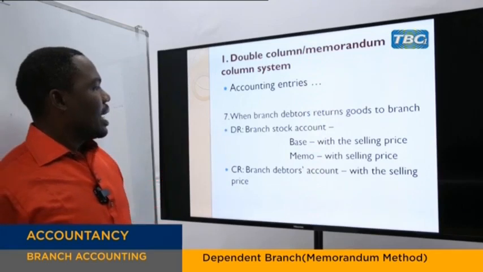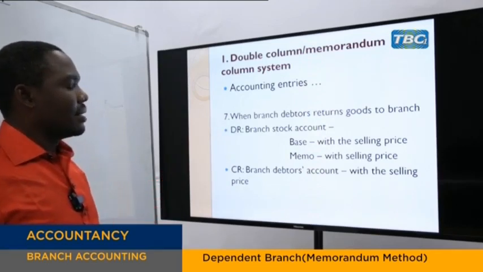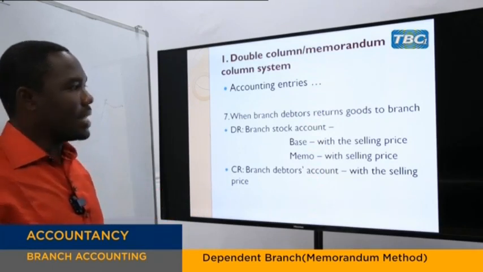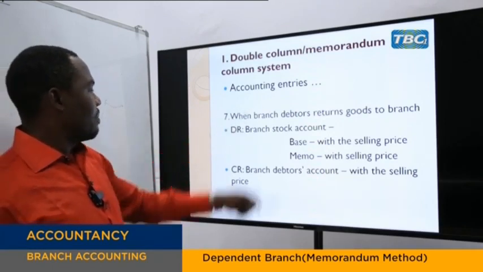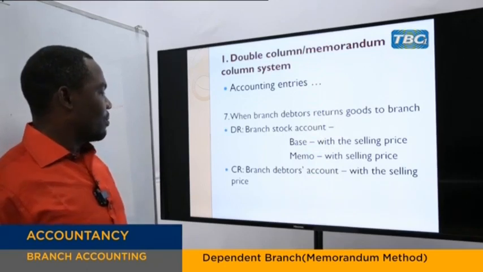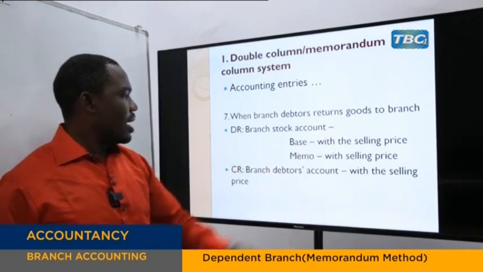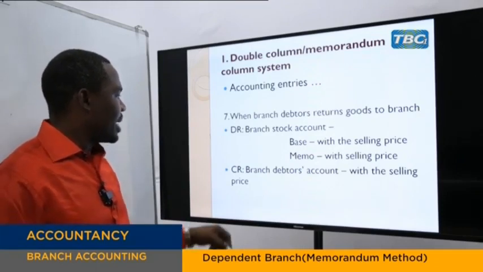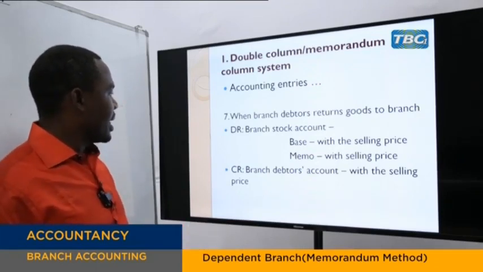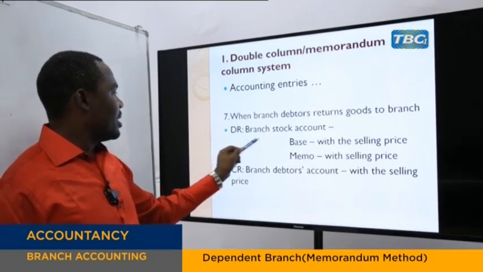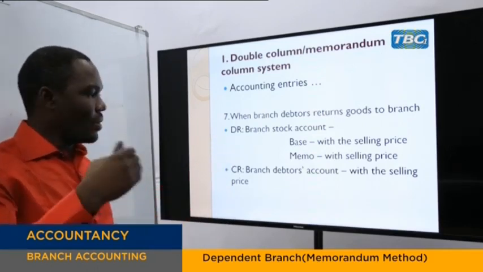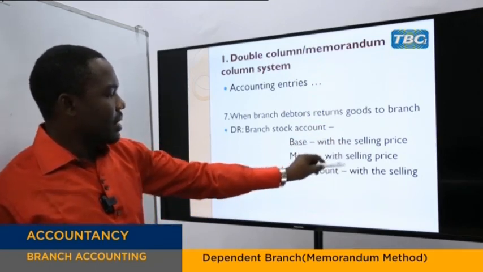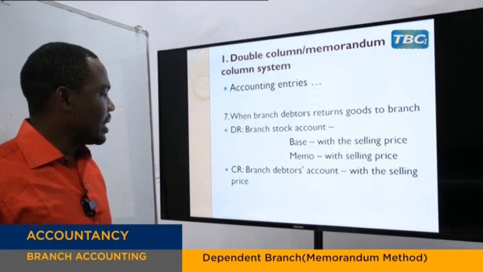For returns by debtors to the branch, when branch debtors return goods to the branch, this will be a transaction related to the branch and its debtor. What do we debit? We debit the branch stock account to recognize the return, but it should be at selling price in both base and memo columns.